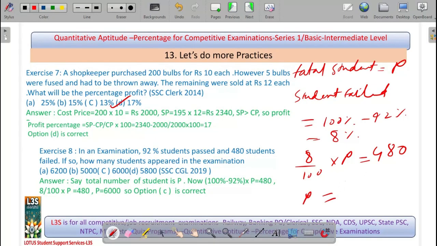P will be 480 into 100 by 8, 60 into 100. This will be 6000. So total students P will be 6000. So here option C will be the correct option.